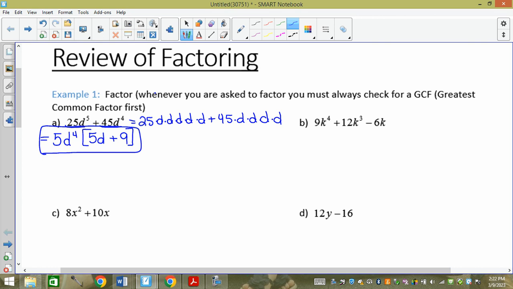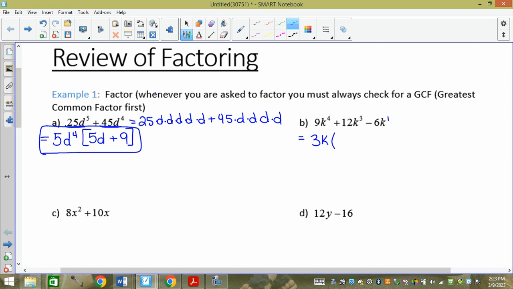B. What can I take out of all 3 of them? A 3. True statement. And k^4, k^3, k to the 1. What can I take? Just 1 k, right? That's all I can take out of all 3 of them. So I put a k.